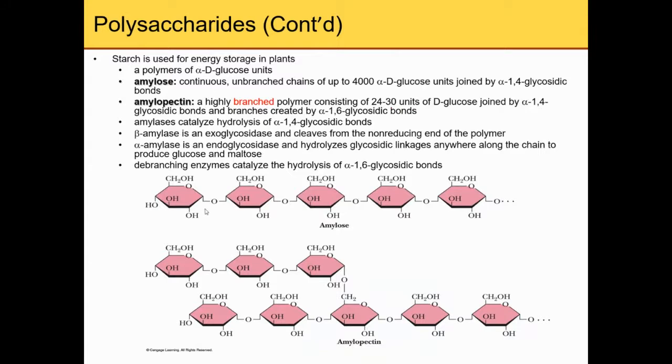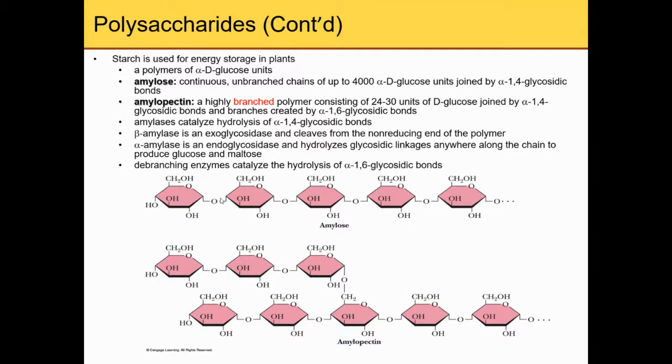And then the amylose here. It's about 4,000 alpha-D-glucose units joined together as 1,4, right? Alpha 1,4 glycosidic bond. Okay. So this is the amylose.